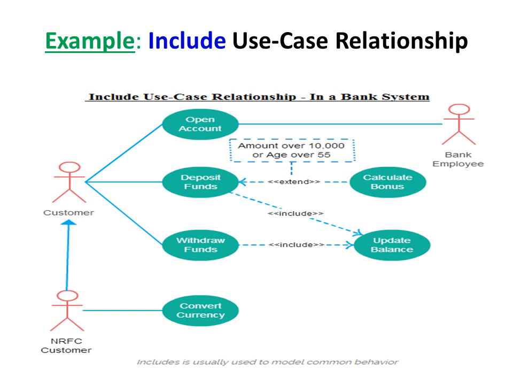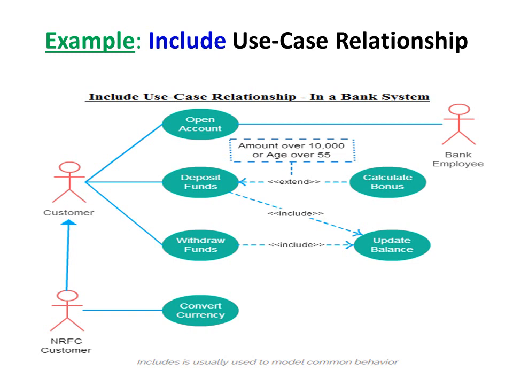But if the customer deposits less than 10,000 and the age is below 55, the calculate bonus will not be executed, but the update balance should be executed when deposit funds is triggered.